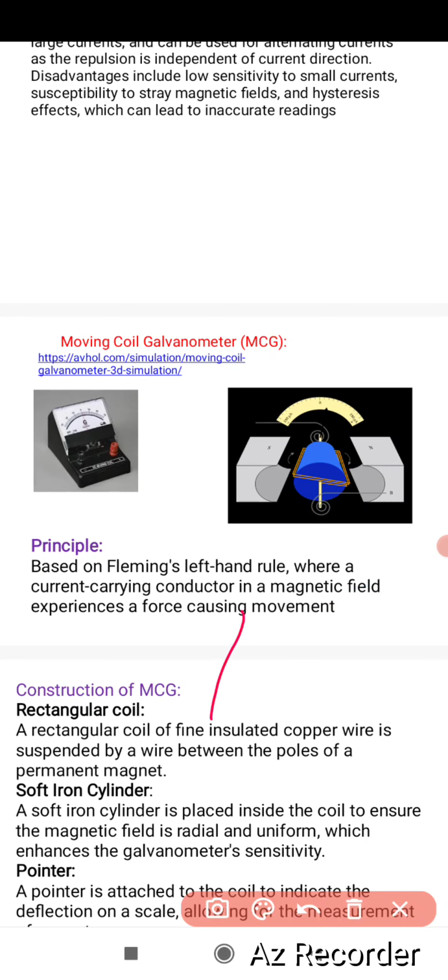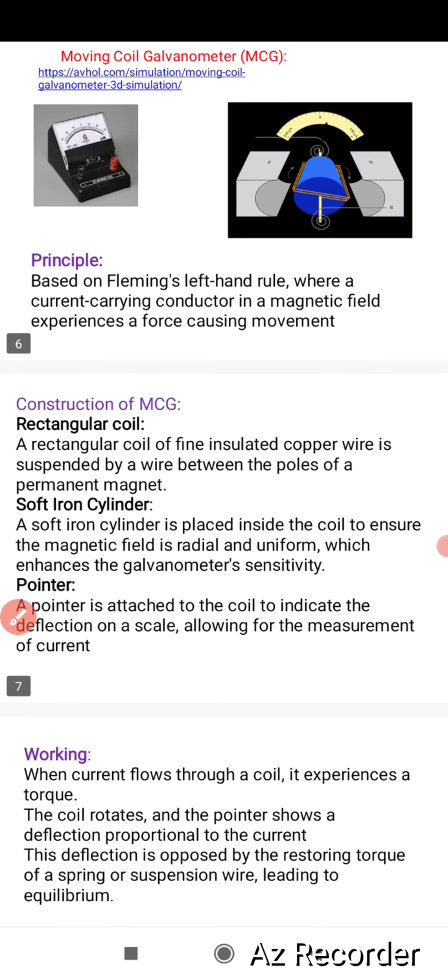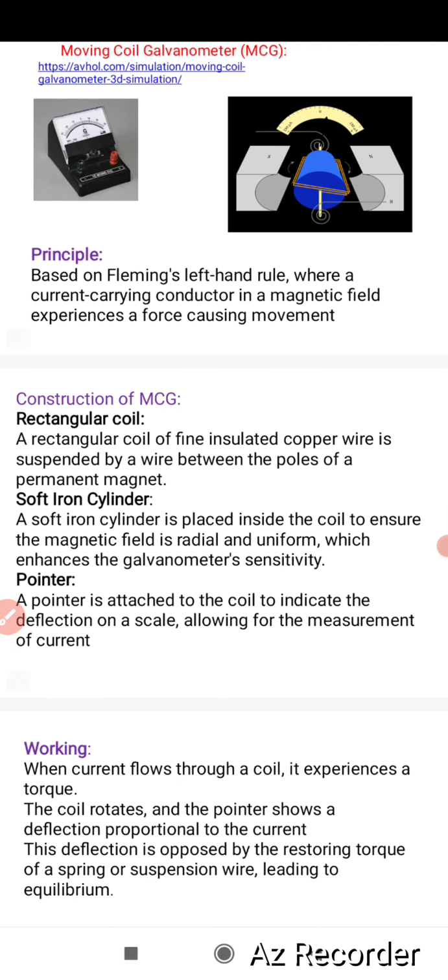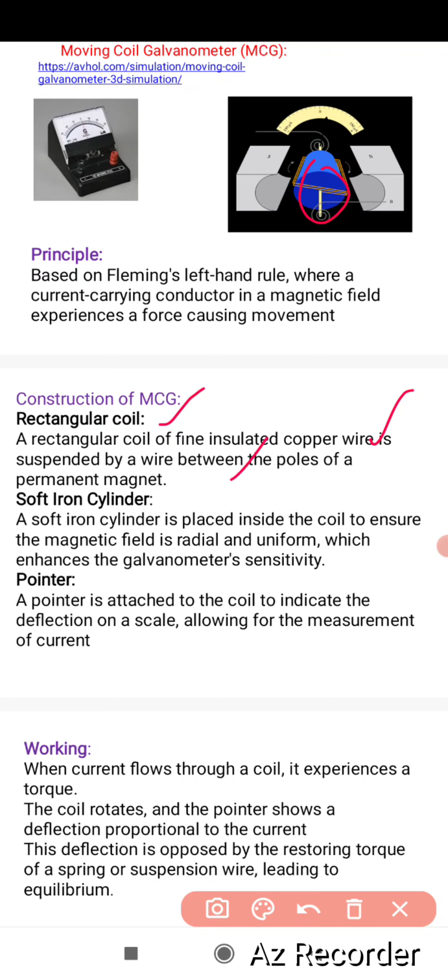Now we can see the construction of this moving coil galvanometer. It is a rectangular coil made of well insulated copper wire, suspended and placed between the pole pieces of the magnet.